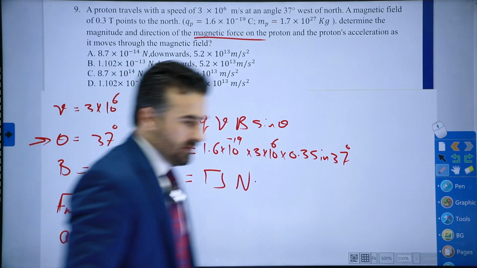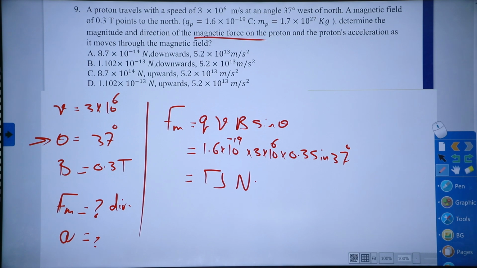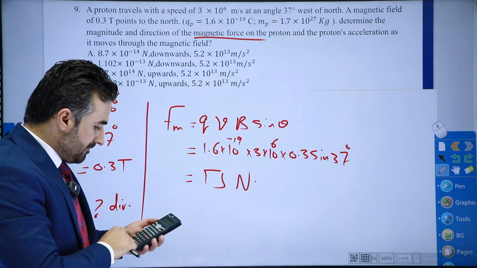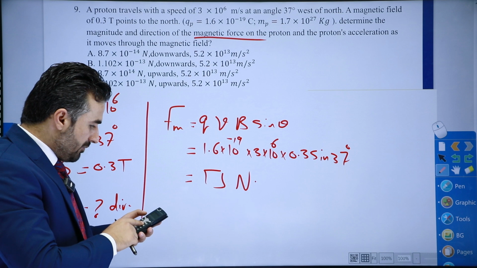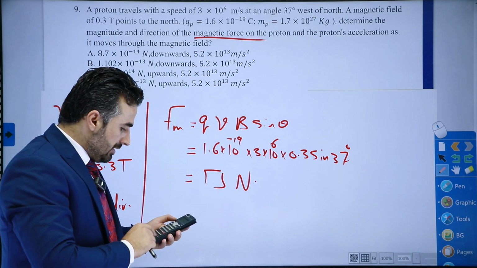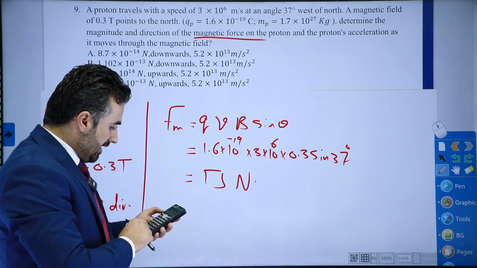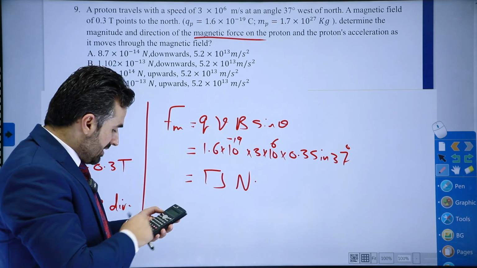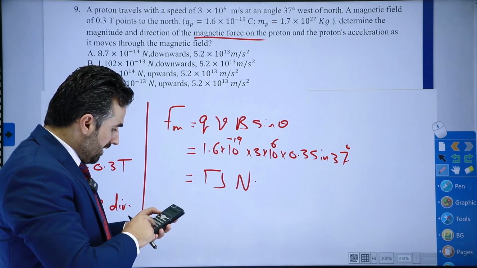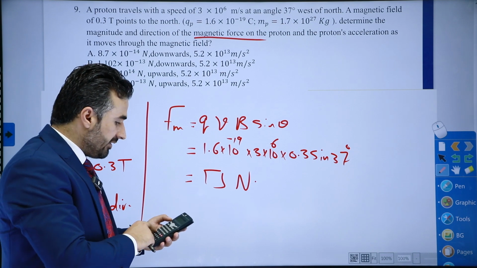Perhaps I'll get a calculator to get precise answers. Do I have my calculator with me? Oh yes, all right, let's use this one. So we have 1.6 multiplied by 10 to the power negative 19, multiplied by 3 times 10 to the power 6, multiplied by 0.3, multiplied by sine 37, correct?